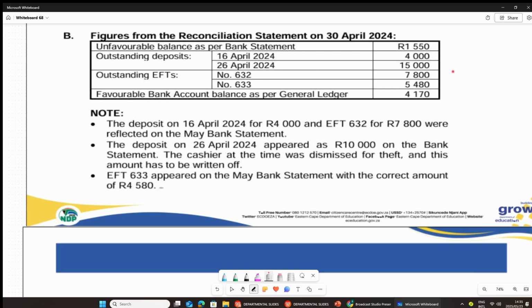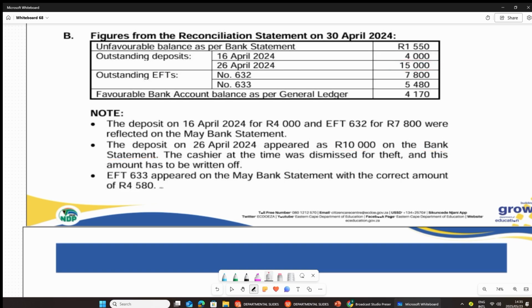The second note here is the deposit on the 26th of April. There's the date. You go and look at the 26th of April. There's the 26th of April. It refers to this 15,000 rand. It states here, the deposit on the 26th of April appeared as 10,000 rand on the bank statement. We showed it as 15,000 rand in our books.